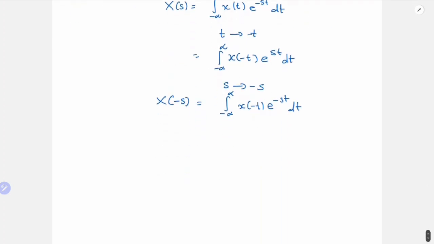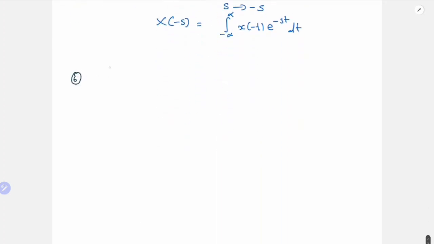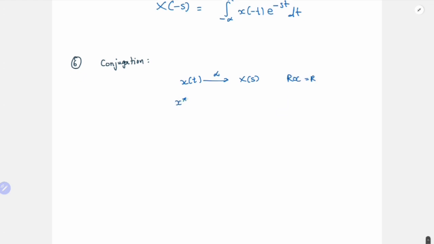So next let us see the property of conjugation. So what happens if we conjugate? Let's say x of t has Laplace transform X of s with ROC equal to R. And now I want to find x conjugate of t.